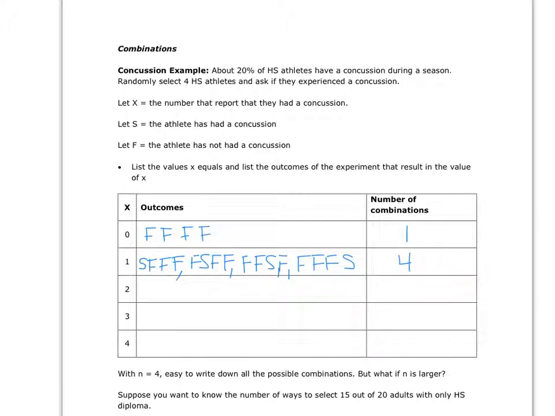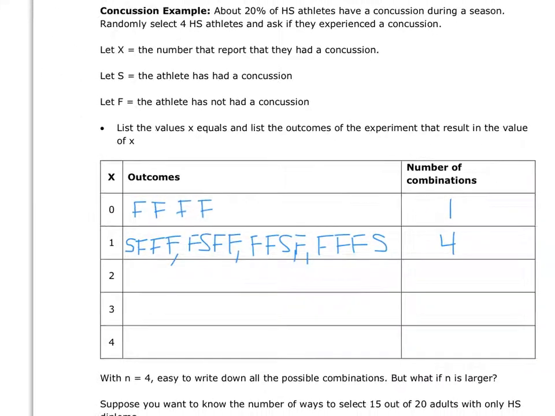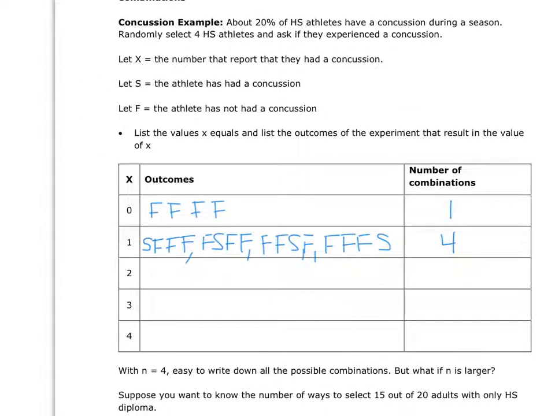Now if we look at X equaling 2, we want to write down the ways that can happen. We can have the first 2 be no, and then the second 2 yes. We can have the first and the third be no, and the other ones yes. We can have all the other combinations, so if we list those out, let's be systematic about it.